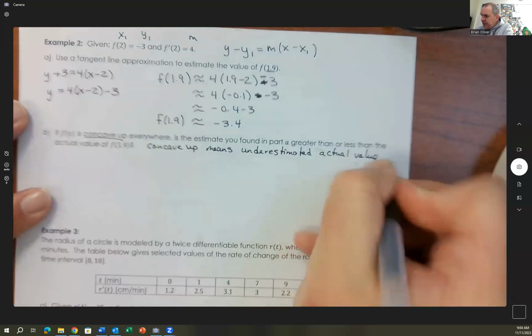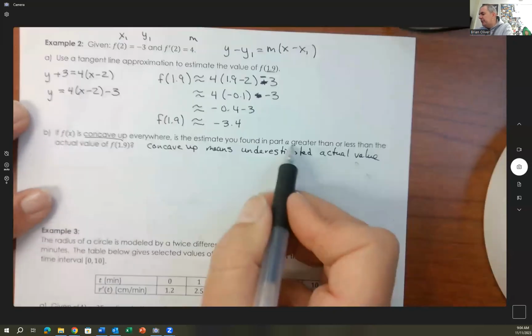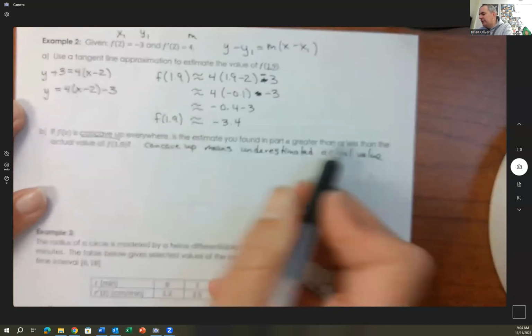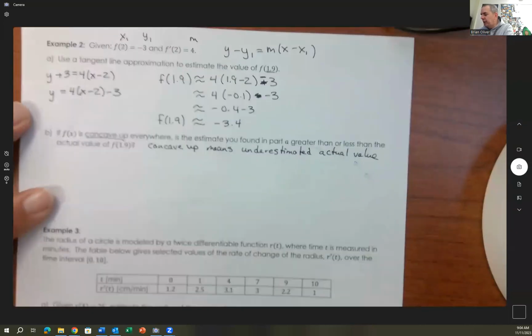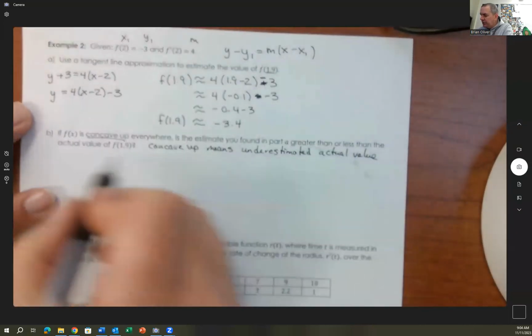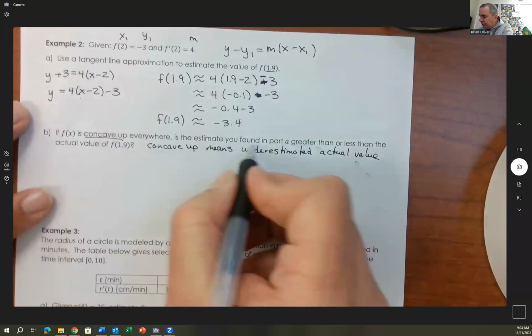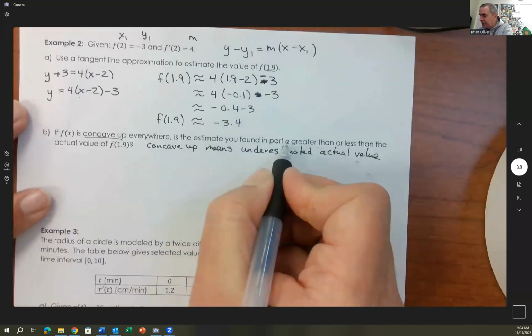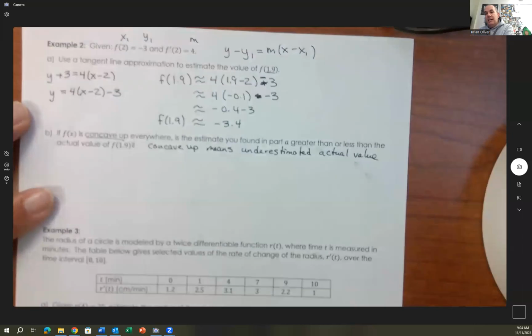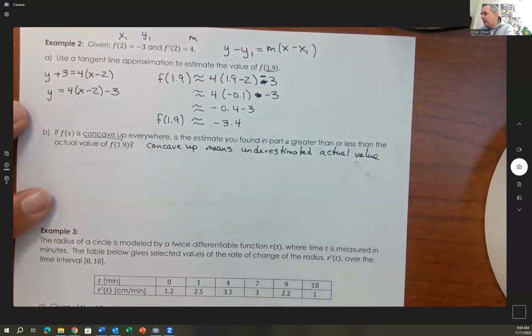The question says, is the estimate you found in part A greater or less than the actual value? Since we underestimated it, is our estimate less than the real answer, or greater than the real answer?